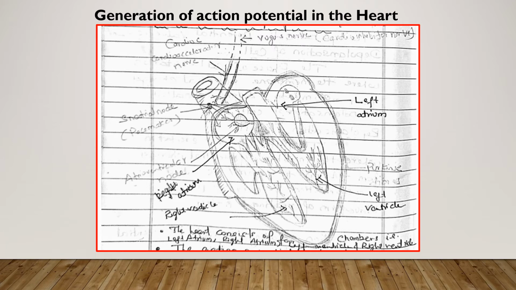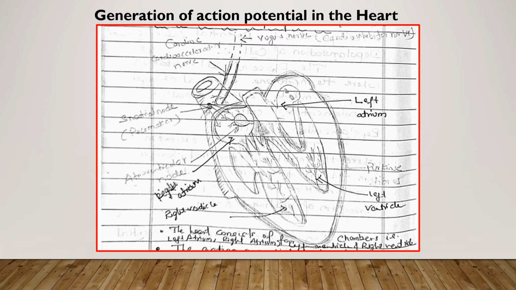The heart basically consists of four chambers: left atrium, right atrium, left ventricle and right ventricle. The action potential in the heart originates near the top of the right atrium at the point called the pacemaker or SA node, that is, the sinoatrial node.